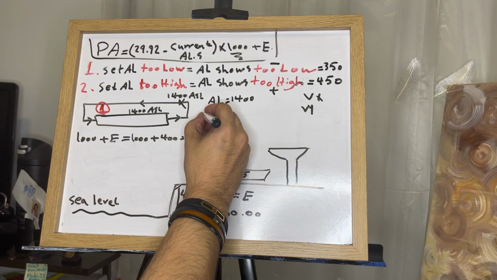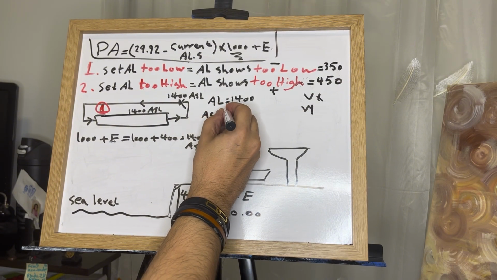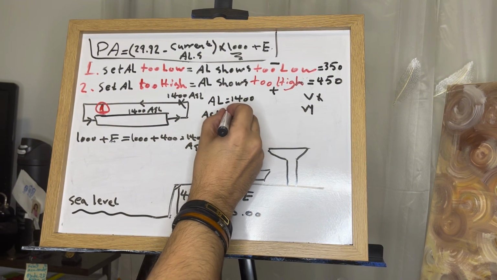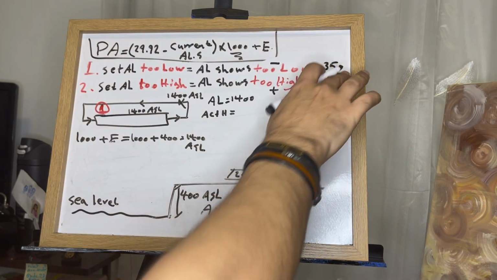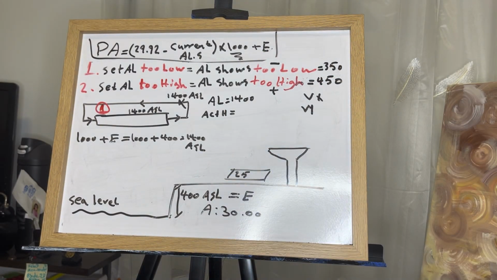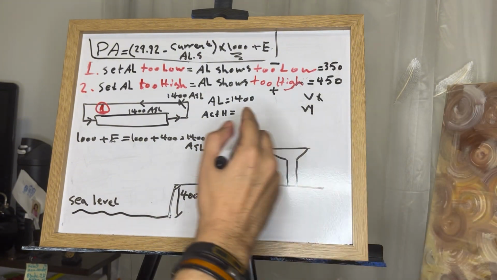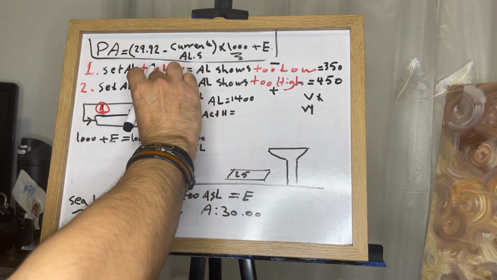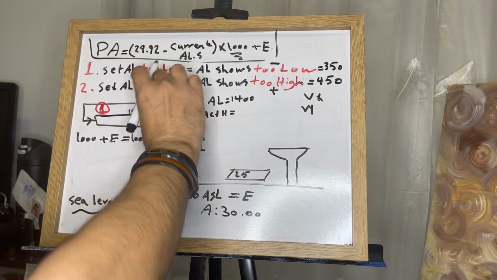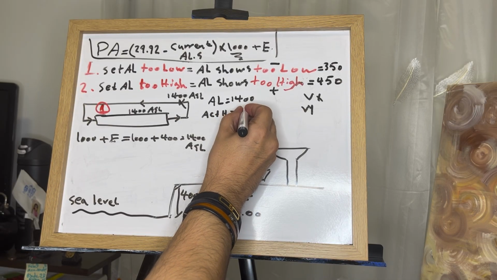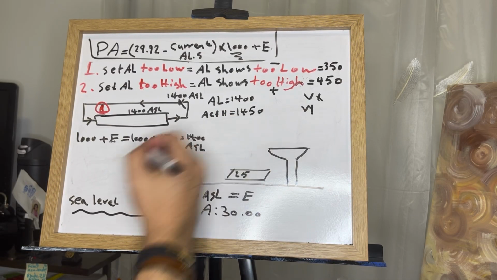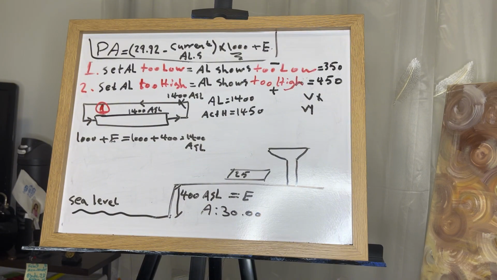Because you set the altimeter 50 feet below the actual height, when you are in flight in the air, your actual height is 1450. This is for scenario number 1.